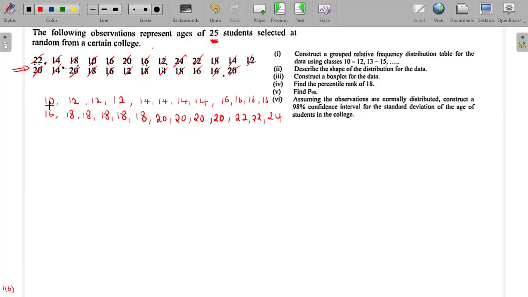So this is, let me count if they're 25. 1, 2, 3, 4, 5, 6, 7, 8, 9, 10, 11, 12, 13, 14, 15, 16, 17, 18, 19, 20, 21, 22, 23, 24, 25, 26. Hey, it means some of these we have written twice.